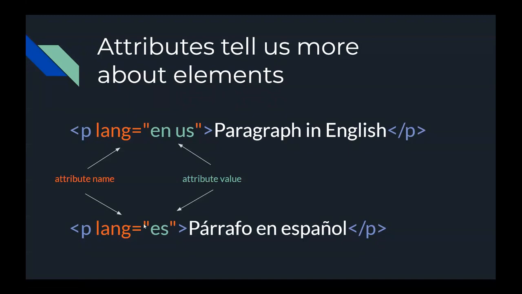P lang equals ES. So lang is the attribute name, and ES would be the attribute value, and it would be an indication to the browser that this is a paragraph that's in Spanish. If you have an entire web page in Spanish, you can have the lang attribute in your HTML tag and have it set to ES, and this would tell the browser immediately this is a Spanish page.